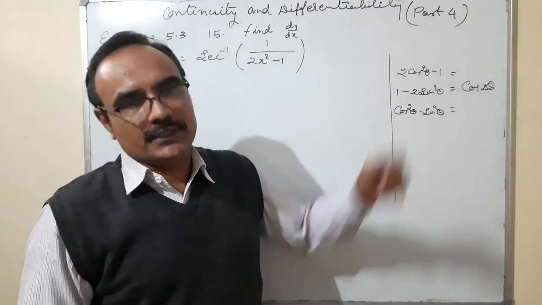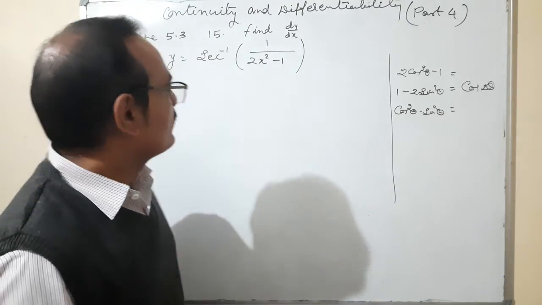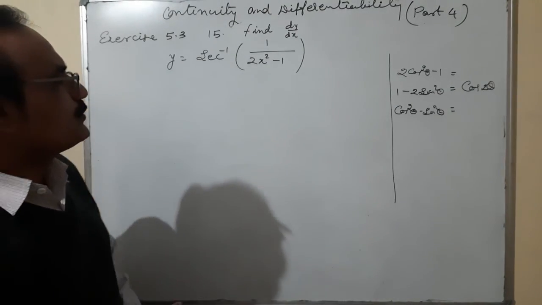The value of all these is equal to cos 2 theta. Okay, these are three formulae we're using for cos 2 theta. Now you can check which should be used here.